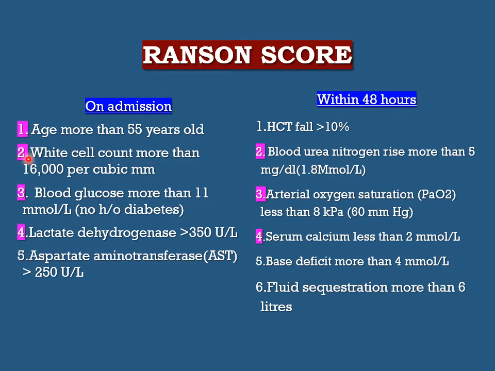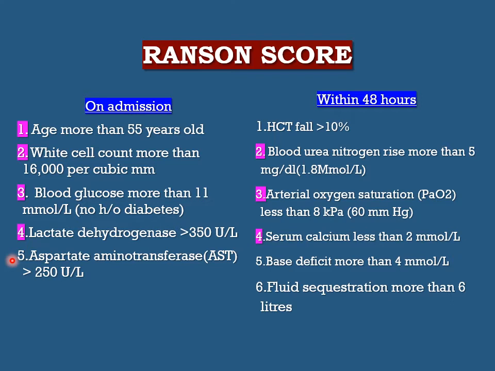On admission, these are the 5 criteria that are taken into consideration: age of more than 55 years old, white cell count of more than 16,000, blood glucose of more than 11 millimoles per liter, provided the patient is not a diabetic, elevation of the lactate dehydrogenase or LDH more than 350 units per liter, and elevation of the aspartate aminotransferase AST to more than 250 units per liter.